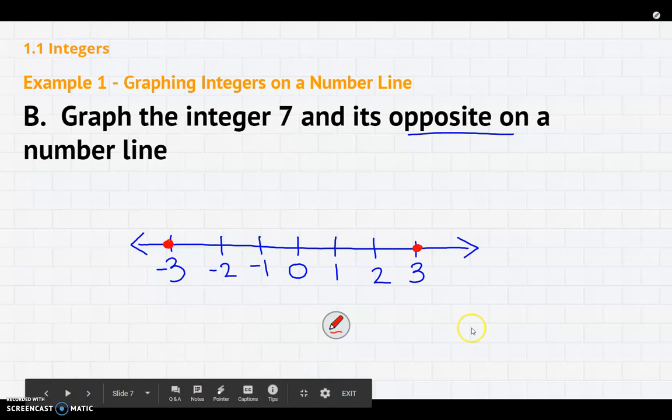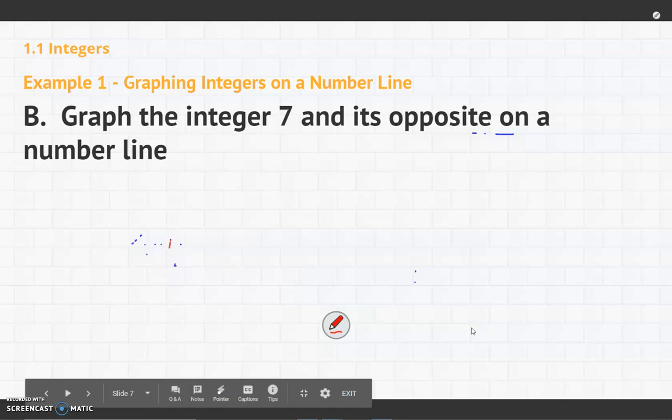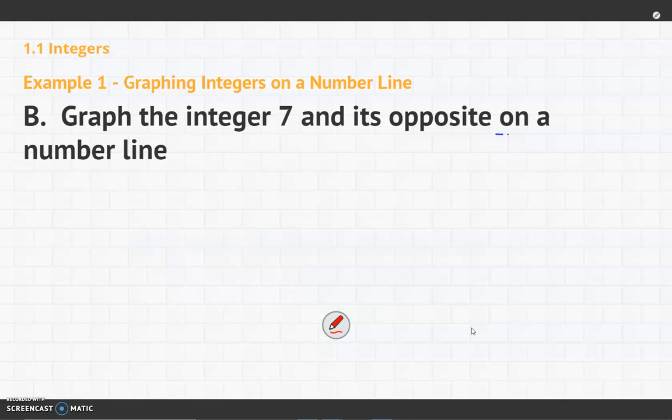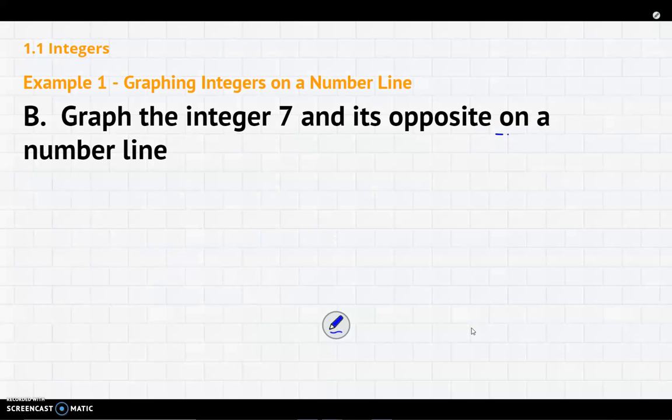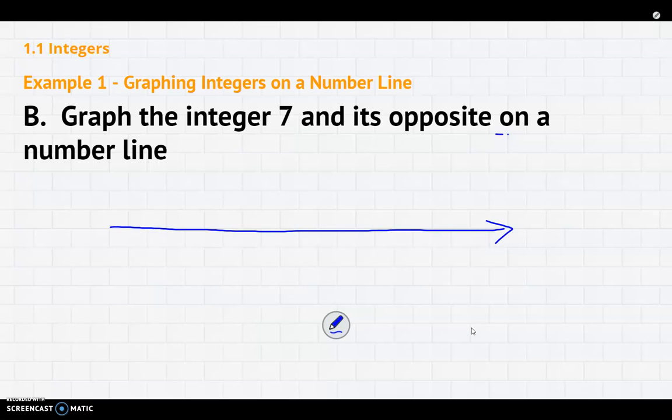Okay, let's try another one. We are going to graph 7 and its opposite. So again, draw a nice straight number line with some nice arrows on the end, and we're putting 0 in the middle. Okay, 7 is a positive number, and it lies to the right of 0.